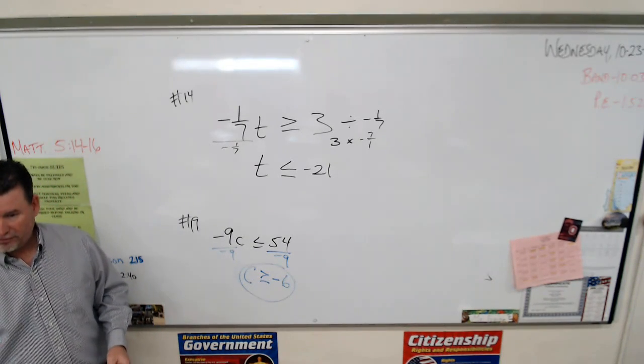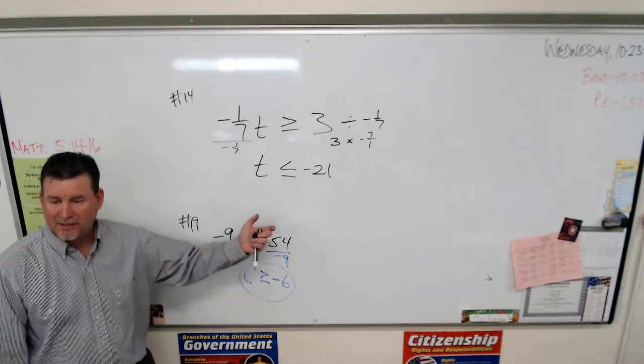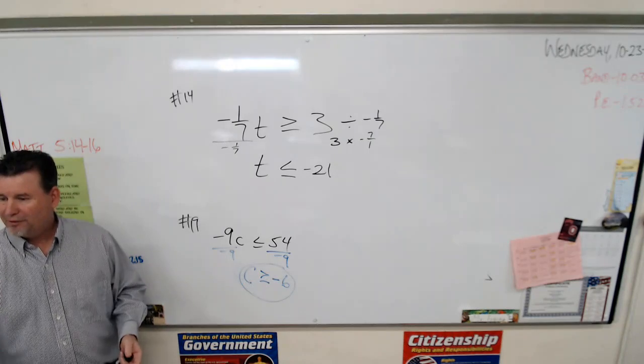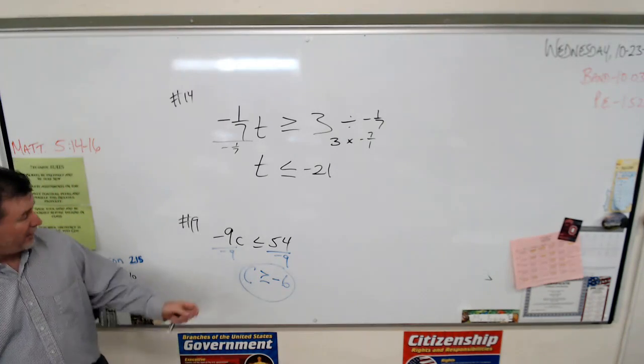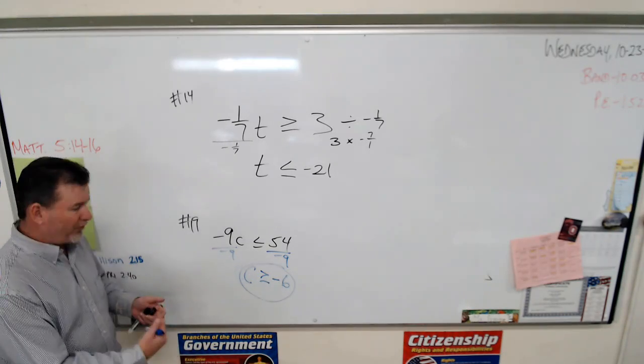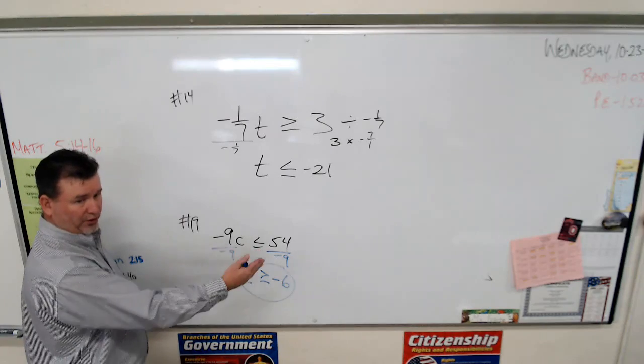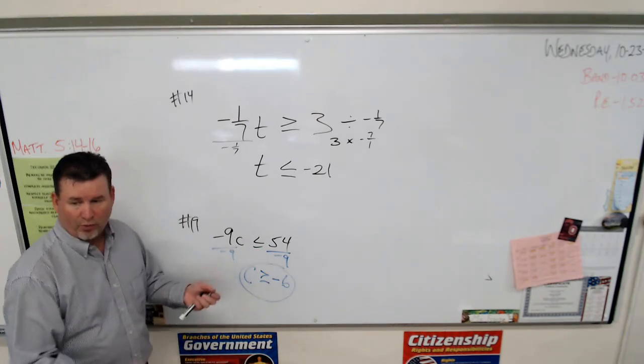Negative 5. Okay? What if I put a negative 5 up here? What's negative 9 times negative 5? Positive 45. Is 45 less than or equal to 54? Everything greater than or equal to negative 6 is going to fit this solution. It's going to solve the inequality.